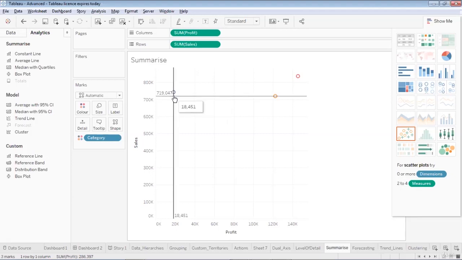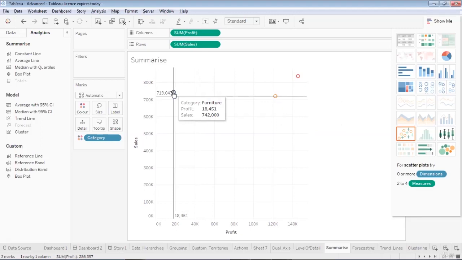Over here, I'm getting these two constant lines. One constant line is cutting out the profit for office supplies, this constant line is cutting out my sales for office supplies, and this is cutting out my profit for furniture.